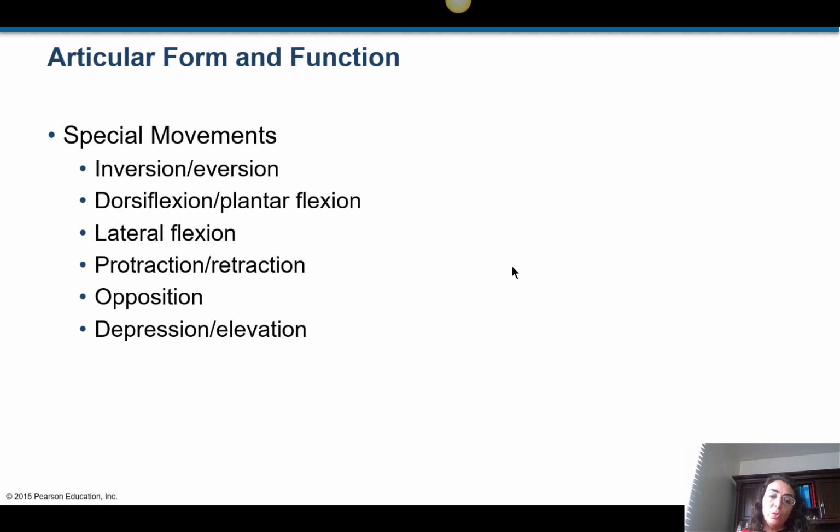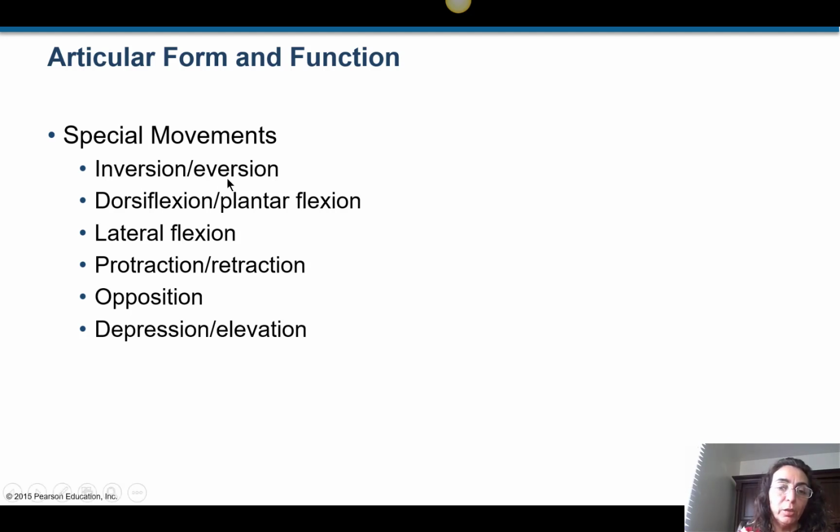Now, besides those types of the movement, we have some special movements because they happen only in a specific situation, and we name them specific. So we have inversion, eversion. These are all in pair because they are acting over one specific joint and they are opposite of each other.